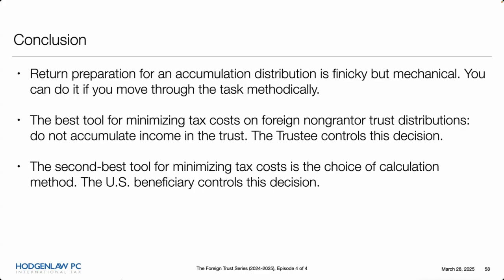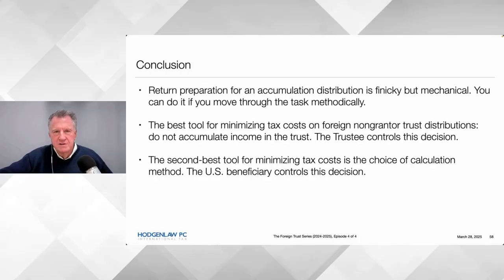The best way you can minimize costs, tax costs specifically, is for the trustee to have really good accounting records. And this is where professional trustees earn their salt. Not all foreign trustees are going to be up to date on the niceties of the Internal Revenue Code.